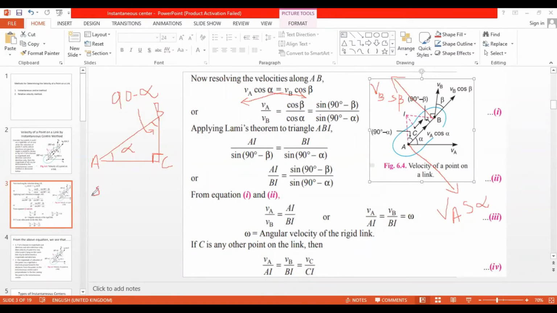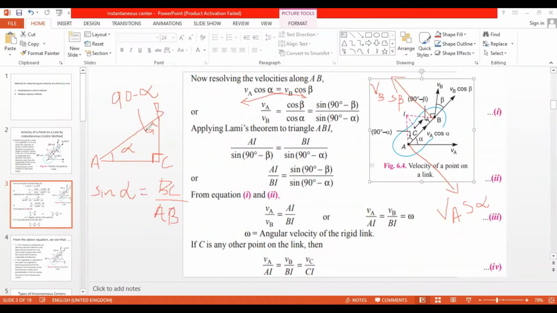So if I am going to write sin alpha, I can write it as opposite over hypotenuse. The opposite to alpha is BC, upon hypotenuse, that is AB.